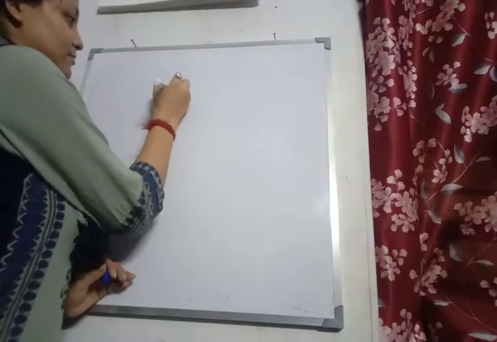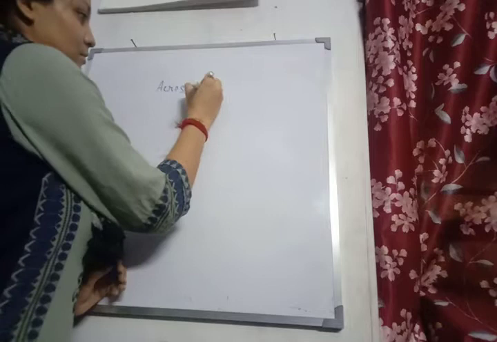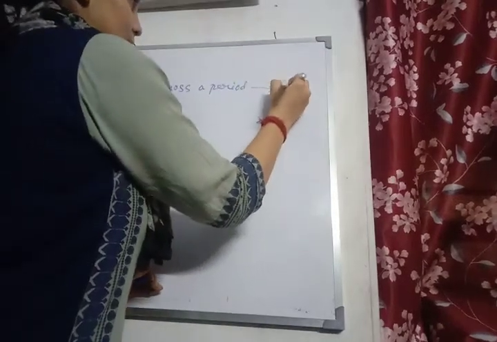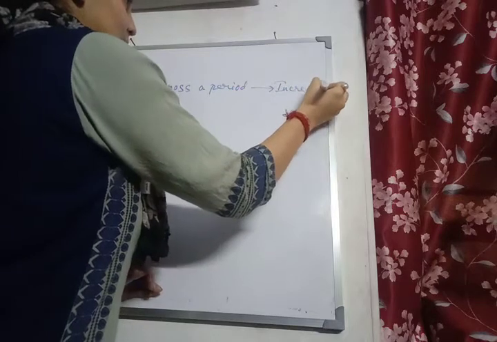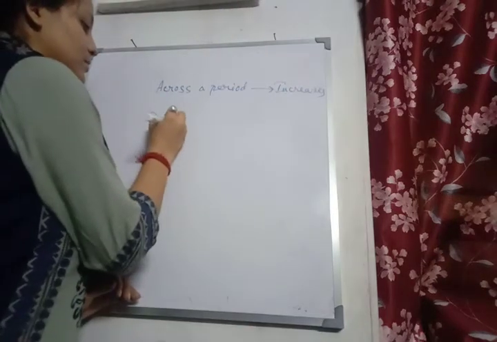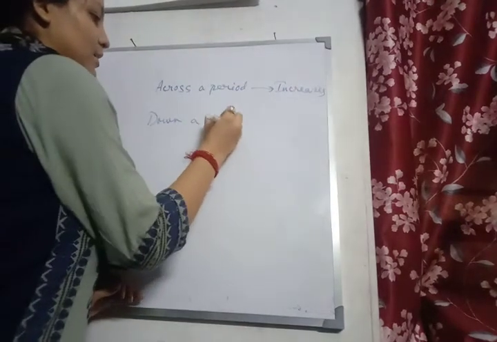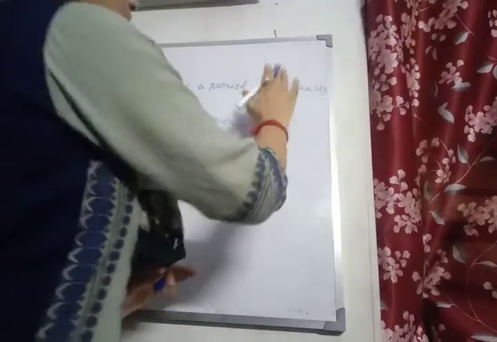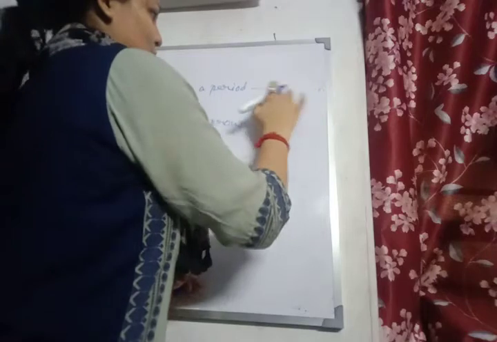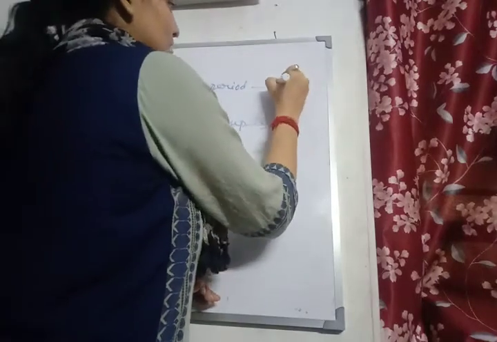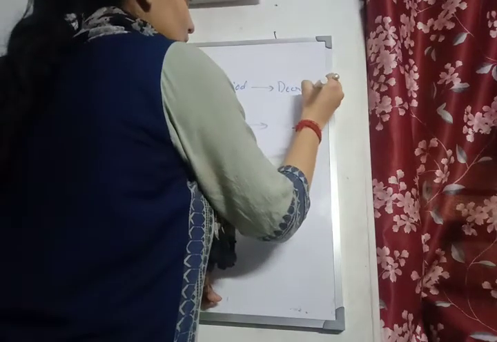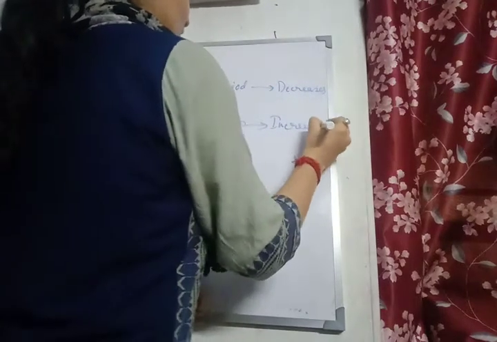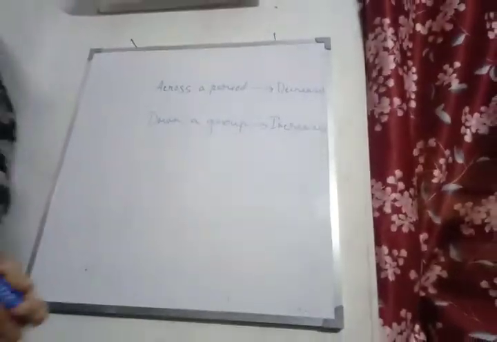Across a period, the atomic radius increases, and down a group it decreases. Sorry. Exactly. So across a period it decreases, and down a group it increases. Sorry, extremely sorry.